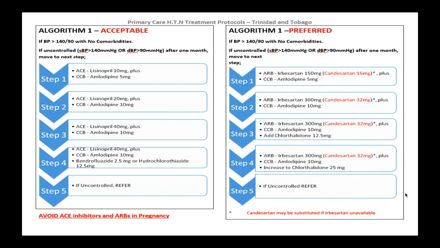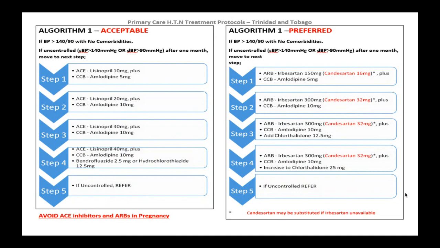The preferred algorithm for Trinidad and Tobago was designed based on best practice, however, some of the medications were not readily available. So while they are sourcing the medications and making these more mainstream, we have the acceptable algorithm that contains medications that are more widely available in the public health system.